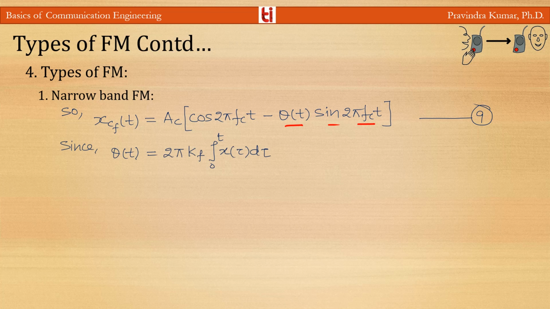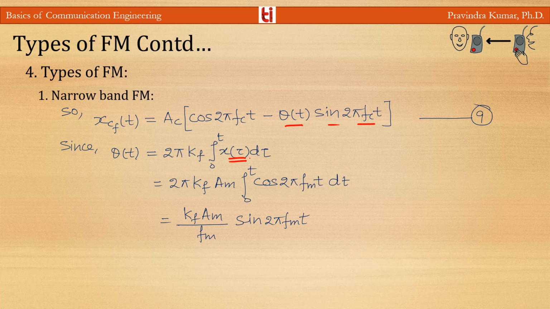Since θ(t) is 2πk_f integration of x(τ)dτ, we can have it as 2πk_f A_m cos 2πf_mt dt integration, because I consider x(t) as A_m cos 2πf_mt.